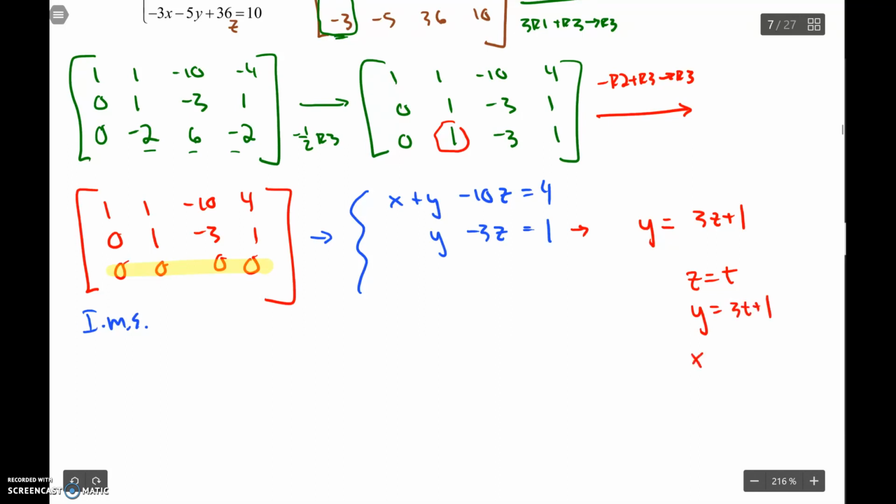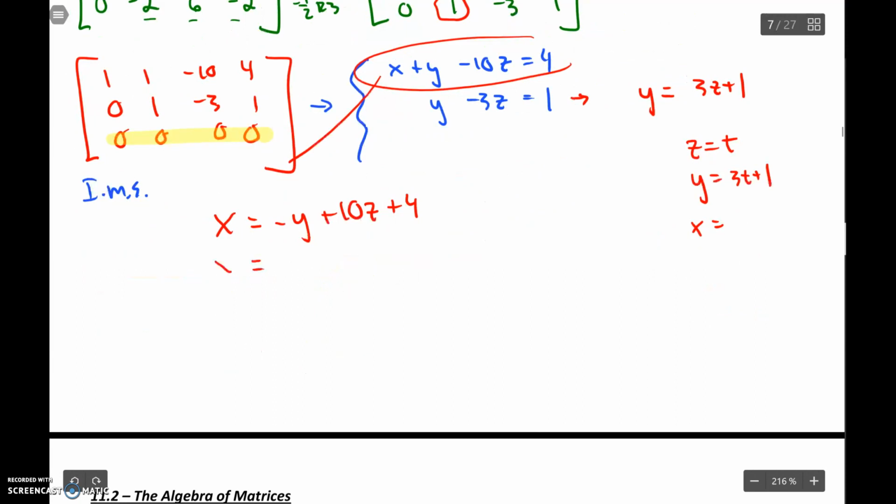Now I need to get x in terms of t. So let's solve this equation for x. x equals negative y plus 10z plus 4. But y is 3t plus 1, and z is t.